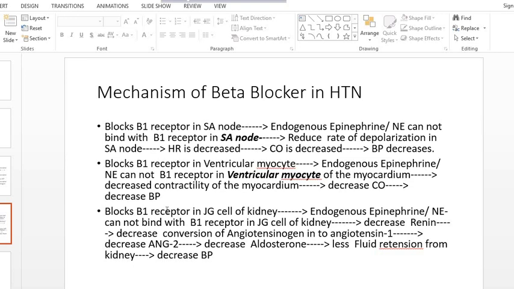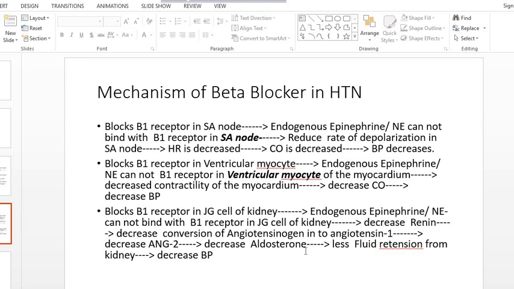And third but not the least, beta blocker blocks beta 1 receptor in the JG cell of kidney, so endogenous epinephrine and norepinephrine cannot bind with beta 1 receptor in the JG cell of kidney, so there will be decreased renin release, so there will be decreased conversion of angiotensinogen into angiotensin 1, which ultimately leads to decreased angiotensin 2, which translates as decreased aldosterone.